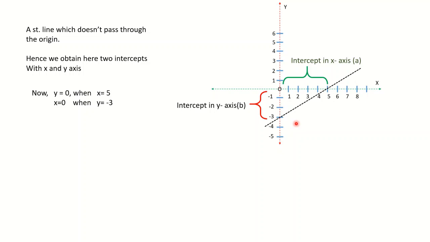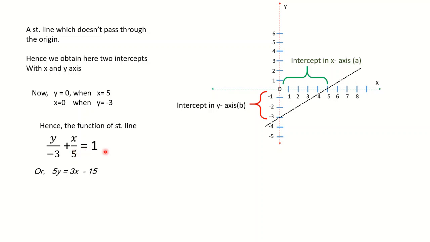So then how to obtain the equation of this kind of line? Earlier we have done f(x) equals to x or y equals to x. So how to obtain that kind of equation? It can be obtained with the help of intercept formula, and that is this. As we have obtained that minus 3 is the intercept, so y divided by minus 3 plus x divided by 5, which is the intercept for x-axis, is equals to 1.